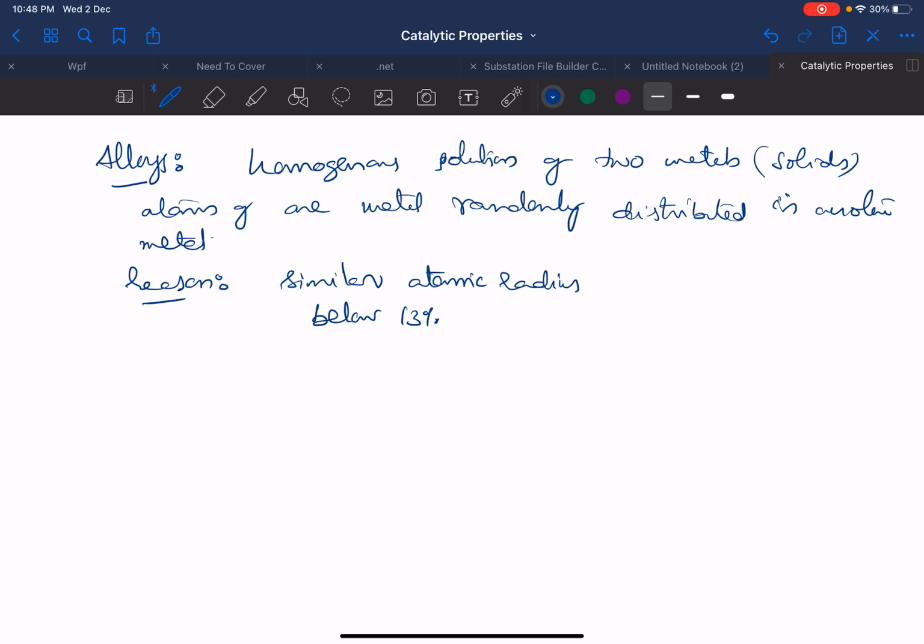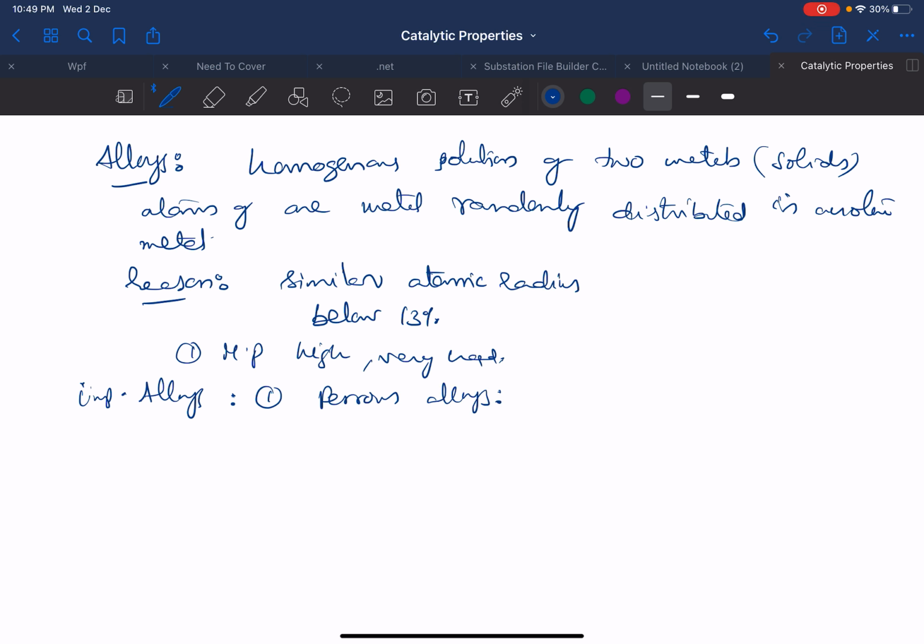Next, what are the properties of alloys? Alloys are readily formed by these metals because of the similar atomic radius. They often have high melting points, and they are also very hard. They have higher melting points than the pure metals. The next industrially important alloys are, first, ferrous alloys.